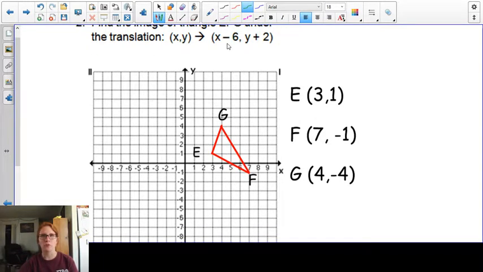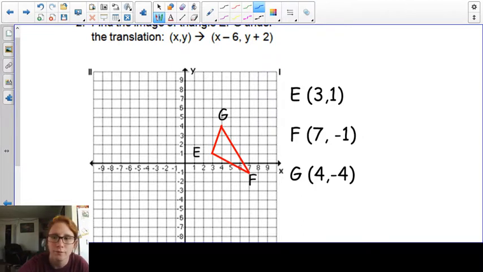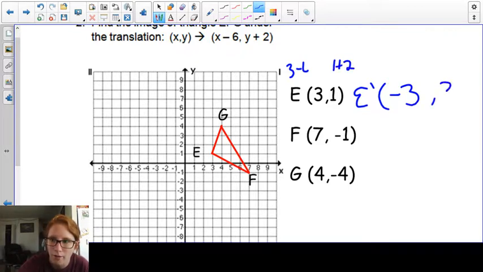Okay, now we're going to subtract 6 from our x's and add 2 to our y's. So 3 minus 6 puts my e prime at negative 3. 1 plus 2 puts me at positive 3. My f prime will be at 7 minus 6, which is 1.